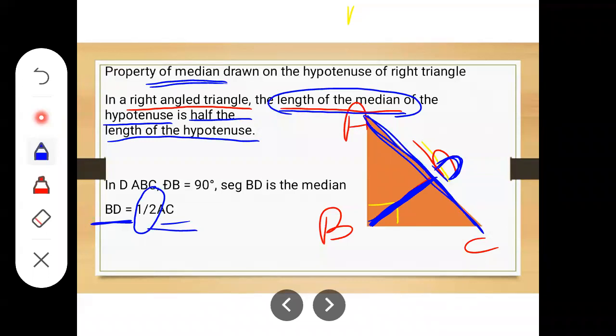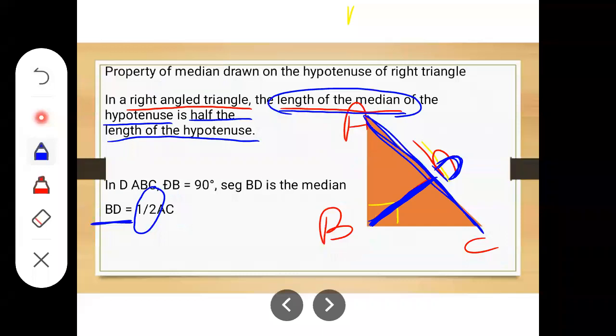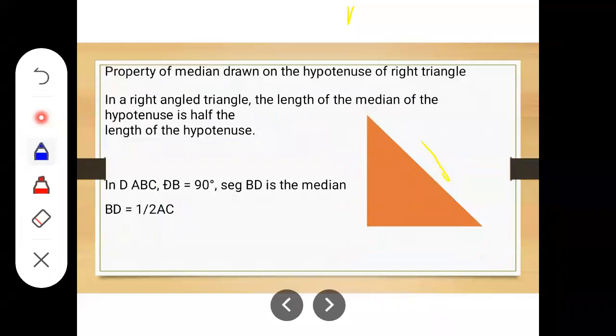As the labels of the triangle change, only the names will change. In a right angle triangle, the length of the median is half the length of the hypotenuse.